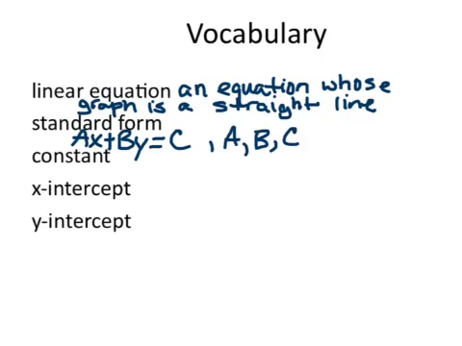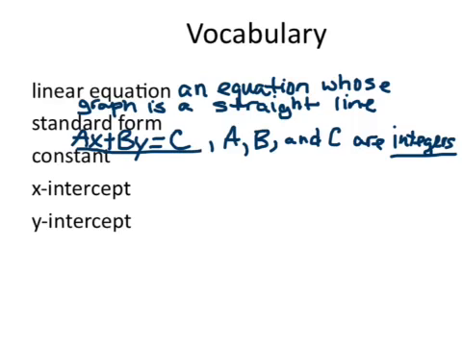So a, b, and c are integers. And hopefully we are very cognizant of what integers are. Integers are negative and positive whole numbers, including zero. So that's what standard form looks like.